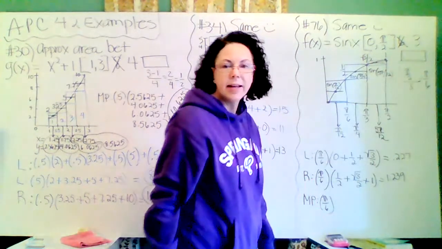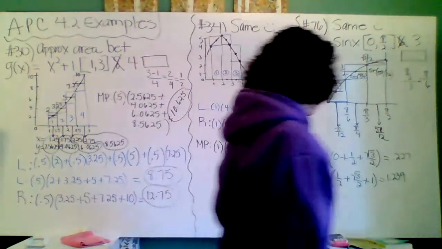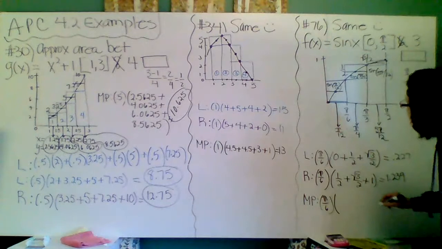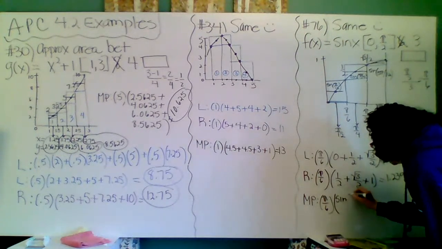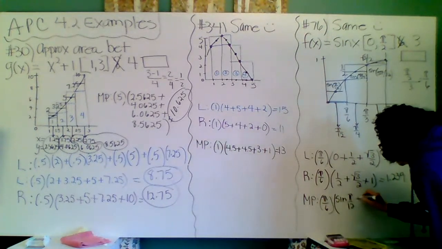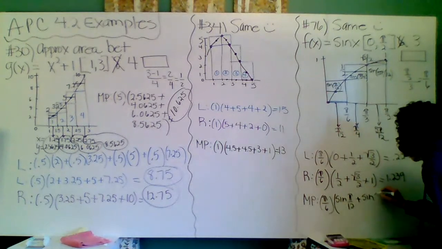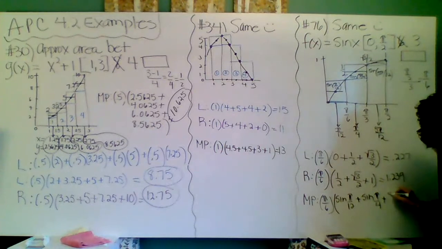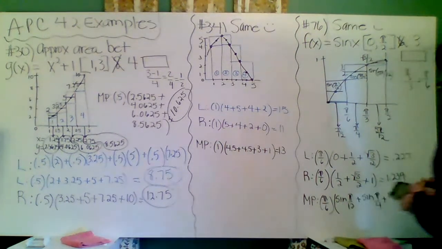So notice we're going to need our calculator for this one. Let's make sure you're in radian mode. So here's the base of the rectangle, and then we have sine of pi over 12 plus sine of pi over 4, which of course I know, but for the other ones I need a calculator, so I might as well use a calculator for all of it, plus sine of 5 pi over 12. Let's see if we get a value in between.